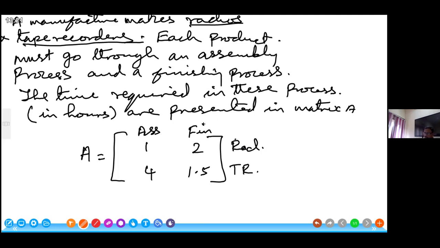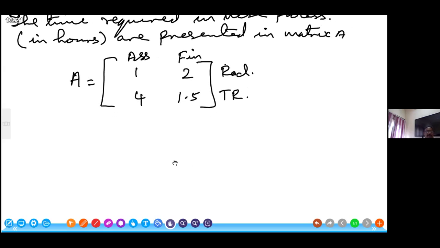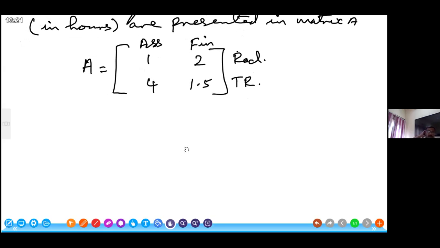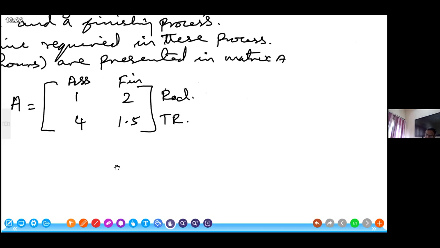Now, these tape recorders, they have the factories in two places, right? One place is Colombo, the other place is Kandy. So the second matrix, let's say matrix B, is the hourly payment for finishing, for assembling in Kandy and Colombo.